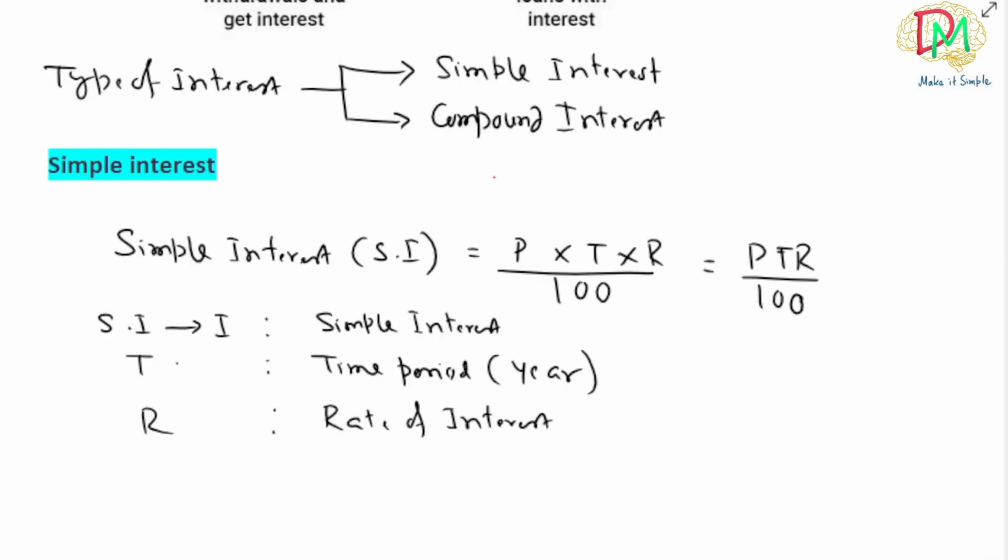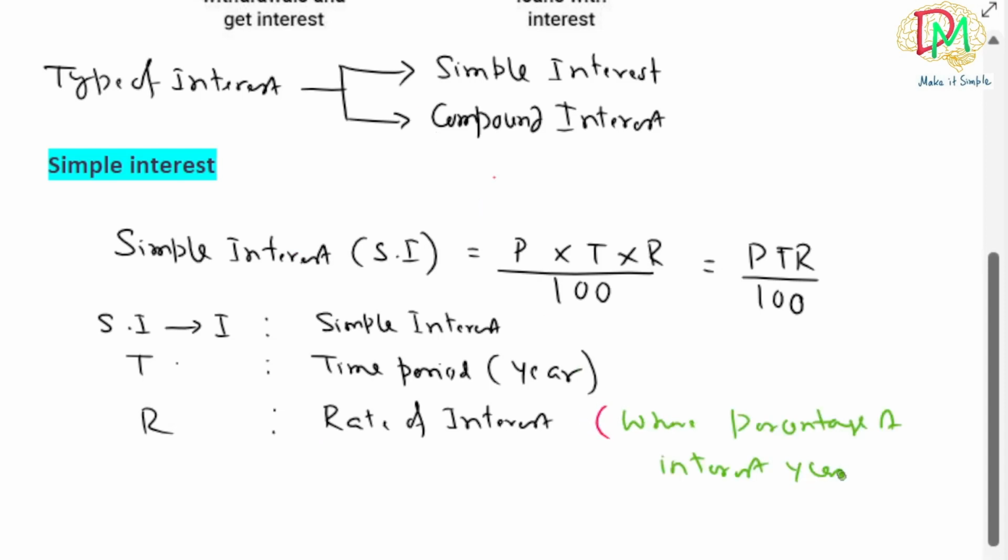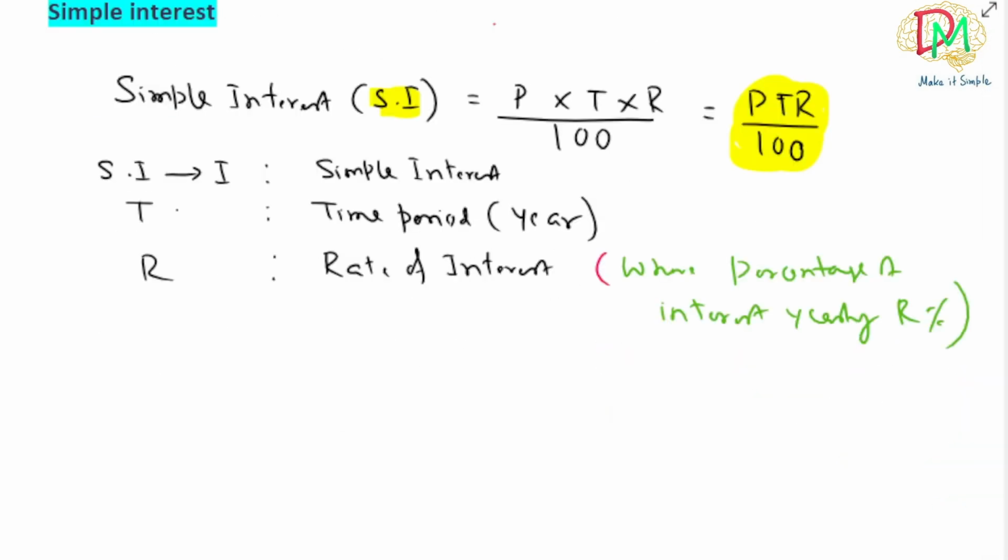Interest percentage is yearly R%. Clear? So simply you can write as I is equal to PTR by 100.